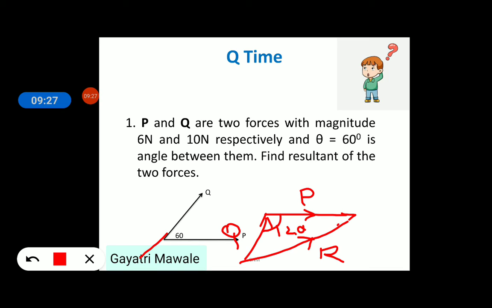Let us say this angle here between P and resultant is alpha. Then this third angle will be 180 minus 120, that is 60 minus alpha.